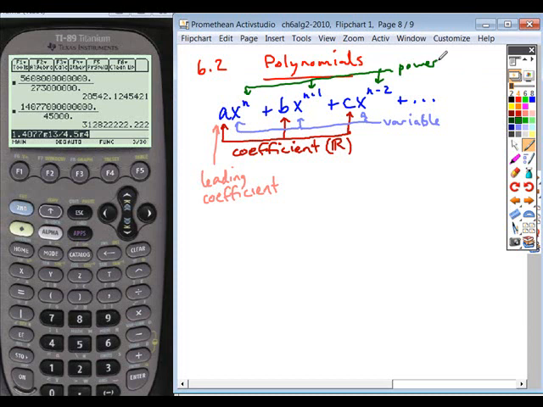Whatever your first n value is, that's going to refer to the degree of your polynomial.